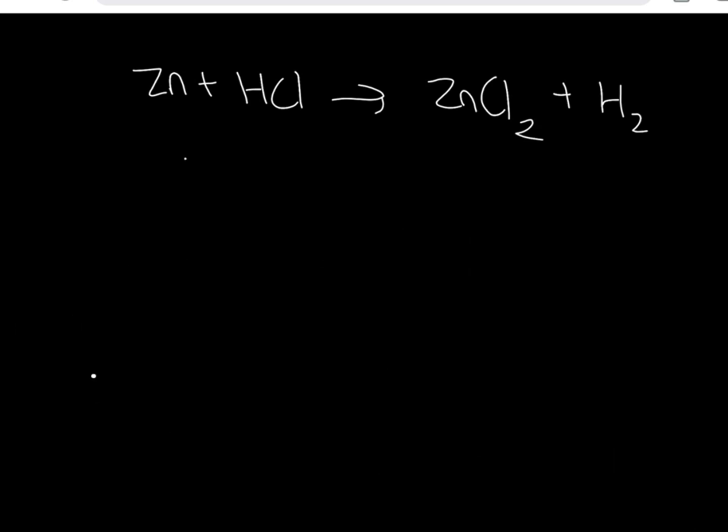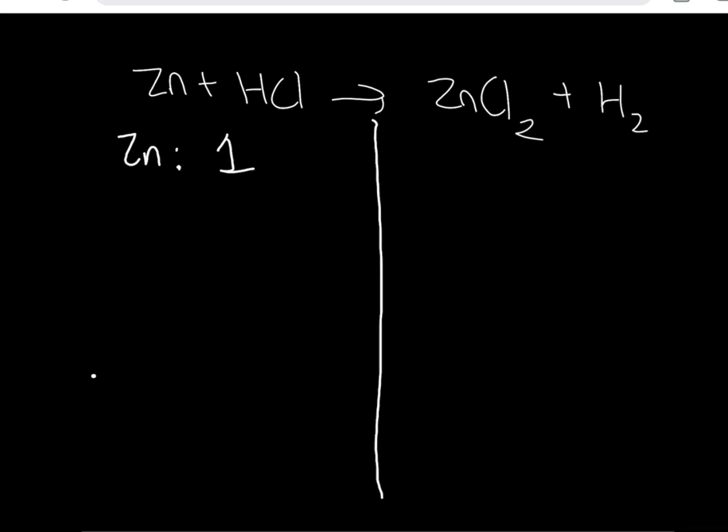What I like to do is write a chart, okay? Right now, we have 1 zinc atom on the left side. We have 1 hydrogen atom on the left side. And we have 1 chlorine atom on this side.